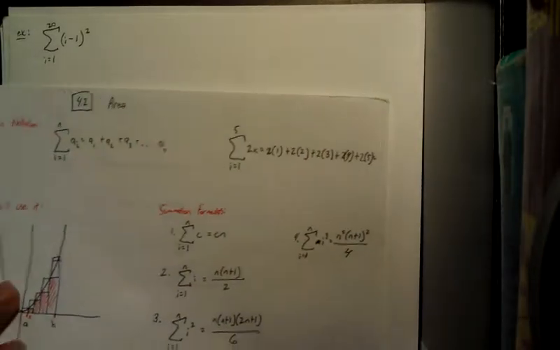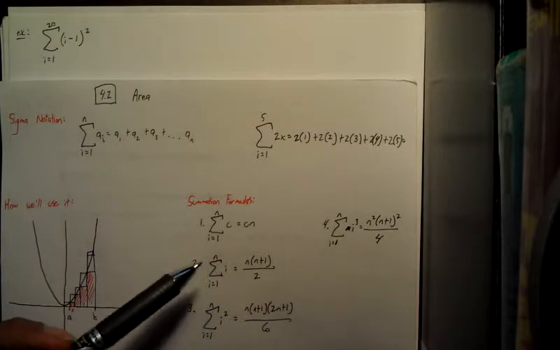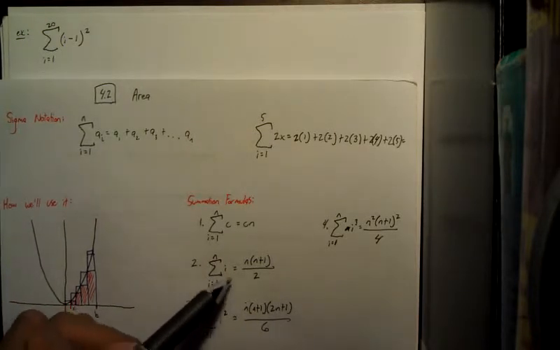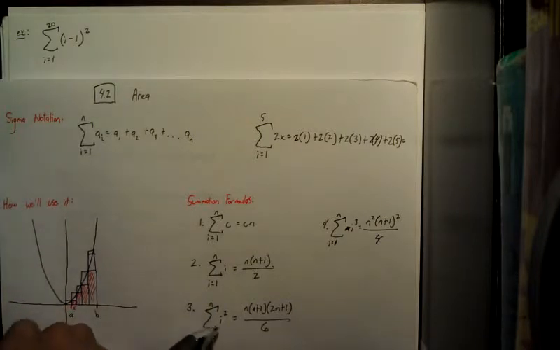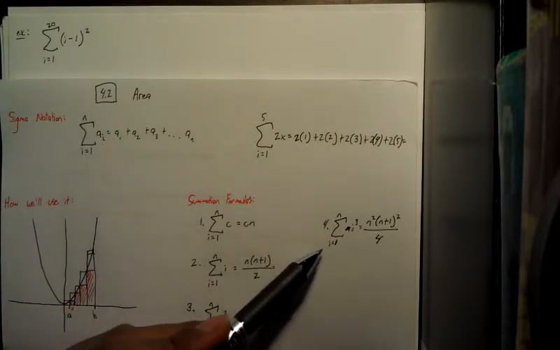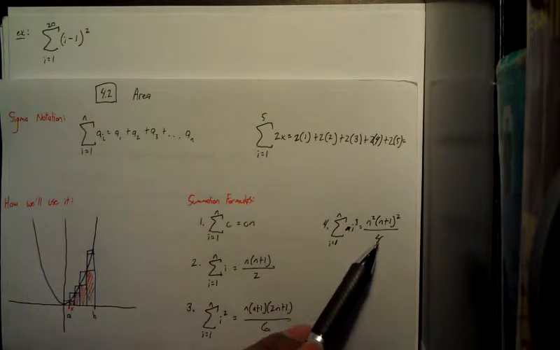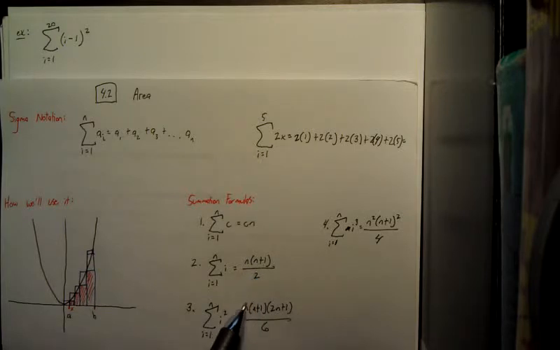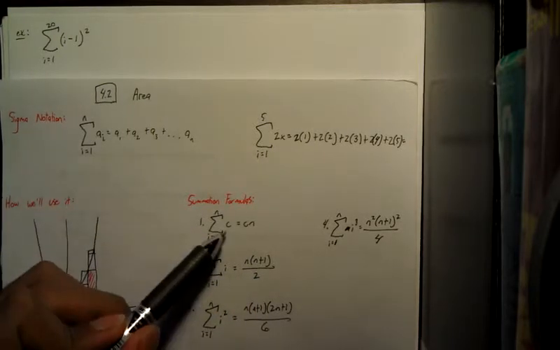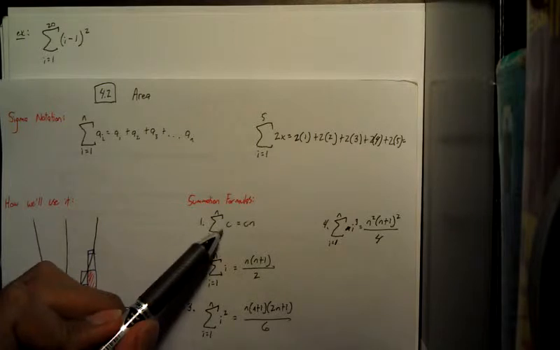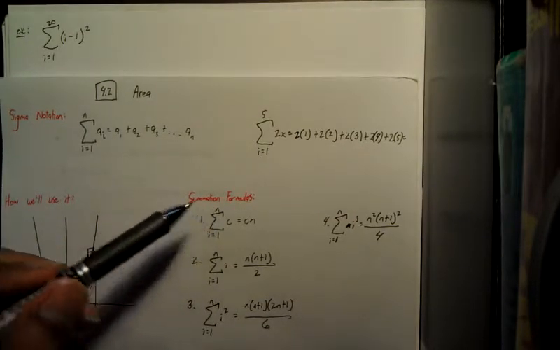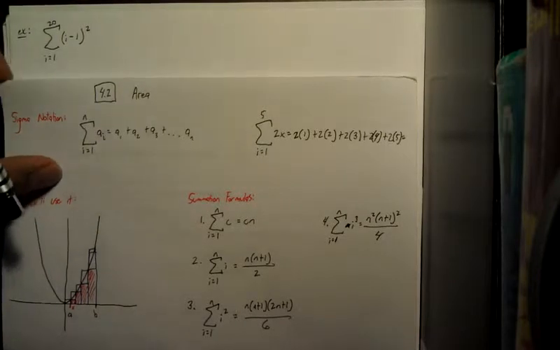So in order to do that, you'll be using these formulas right here. Notice how you're given a certain situation where there's an i present, and then what you're actually converting it to is an expression with n's in it. Except for number 1, that's just c is some constant, and then c times n, so just that constant times the number of rectangles.